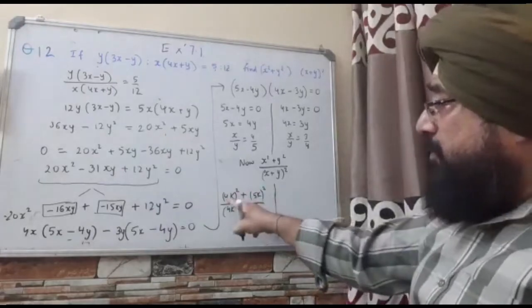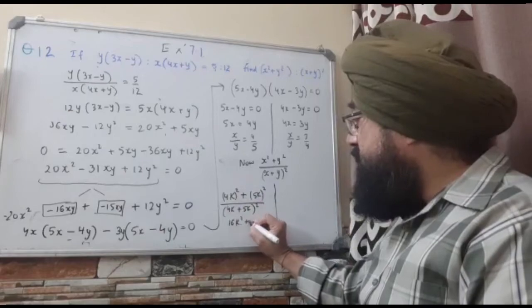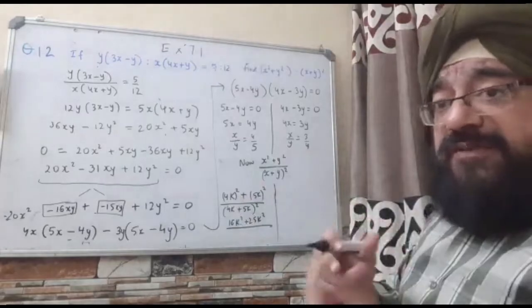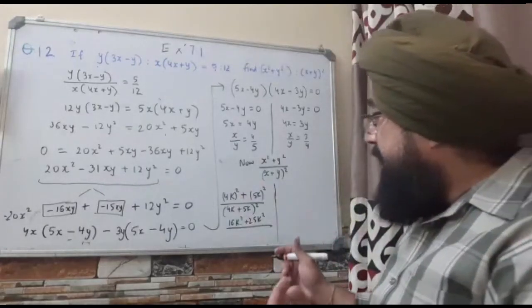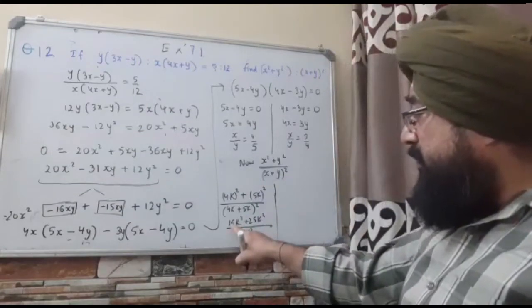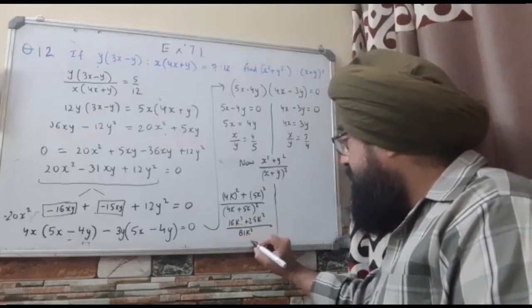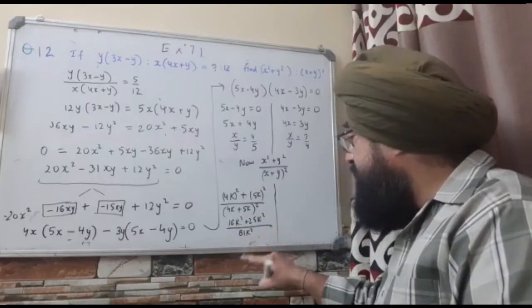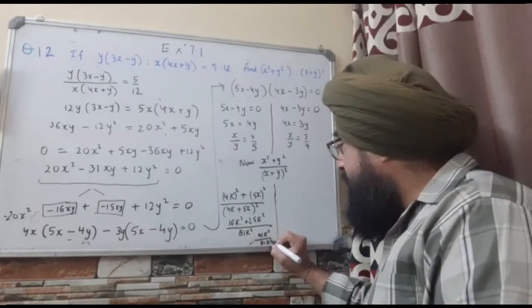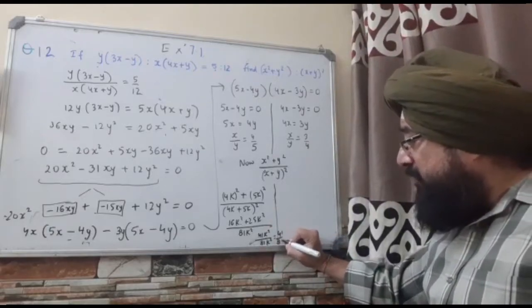This gives 16k square plus 25k square over 9k whole square, which is 81k square. 25 plus 16 is 41k square, so 41k square over 81k square. k square and k square go off, and you are left with 41 upon 81 as your first answer.